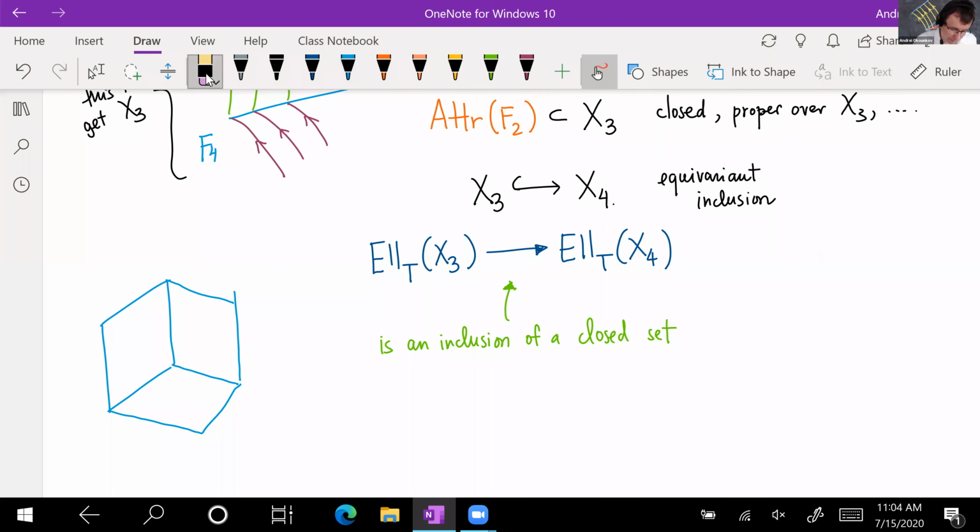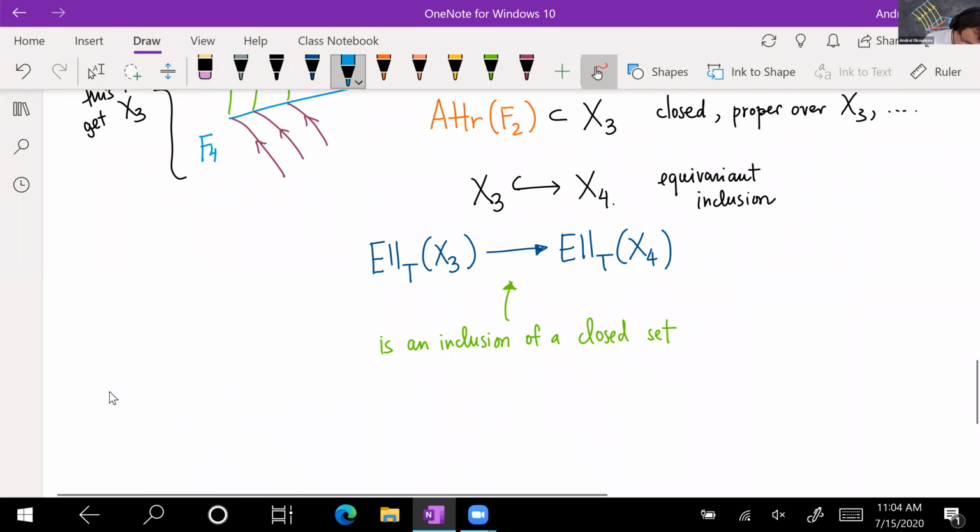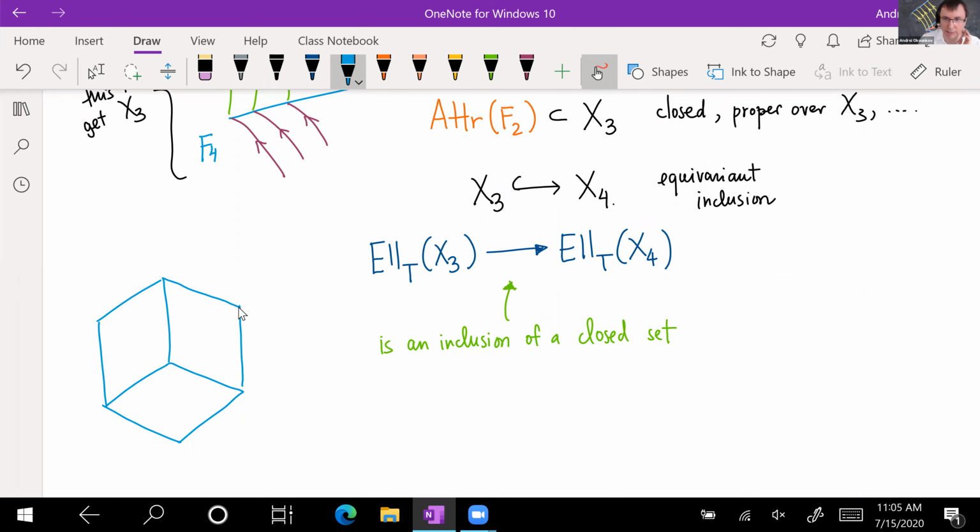So this is, for example, for X equals, in this case, T star P2, where each of these pieces was in fact an abelian variety.